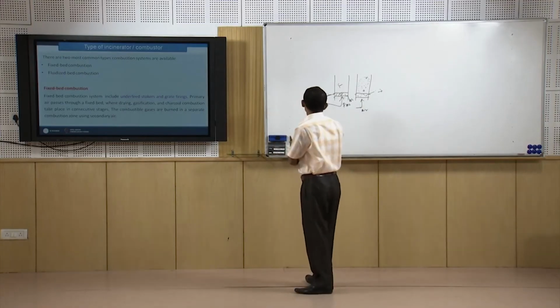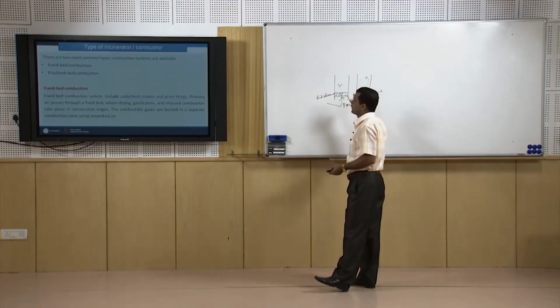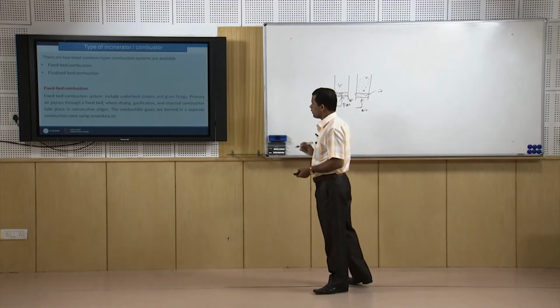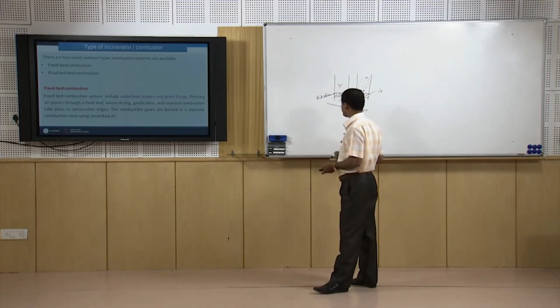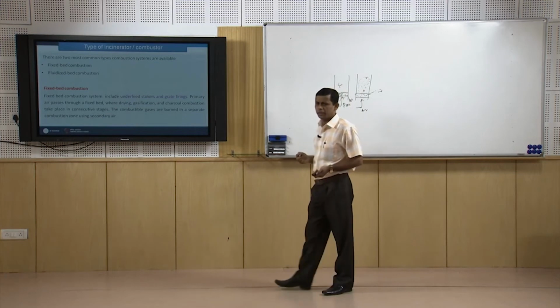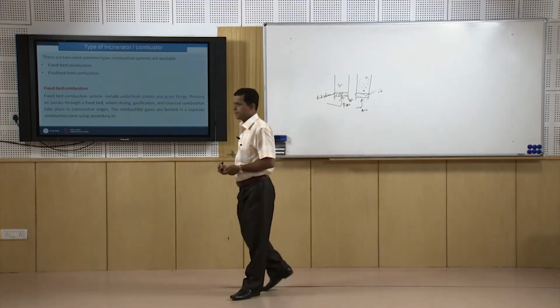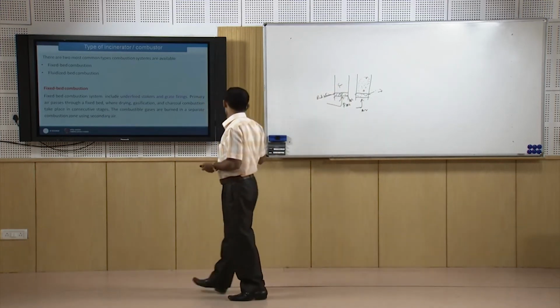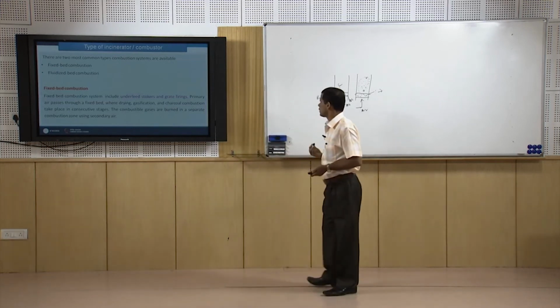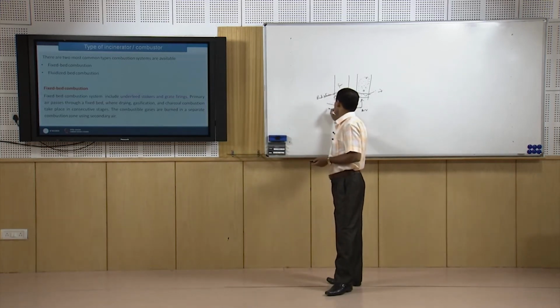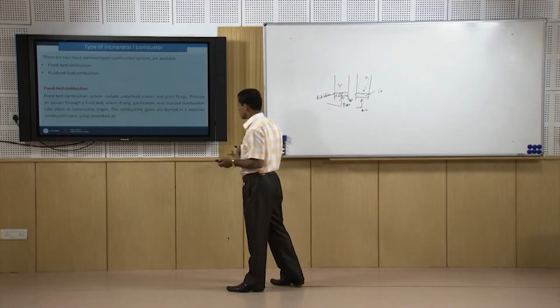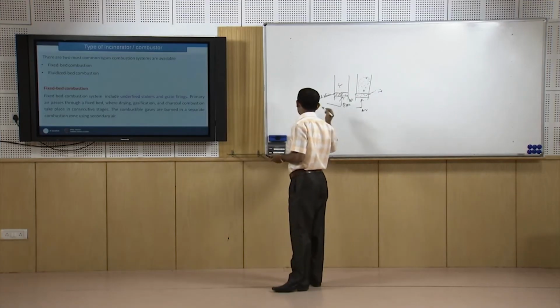So, mechanistically the transfer of heat is different in these two incinerators. So, efficiency is also different, temperature requirement is also different, and both systems have some advantages and disadvantages. Basically, this fixed bed is suitable for any type of size, even larger sizes.